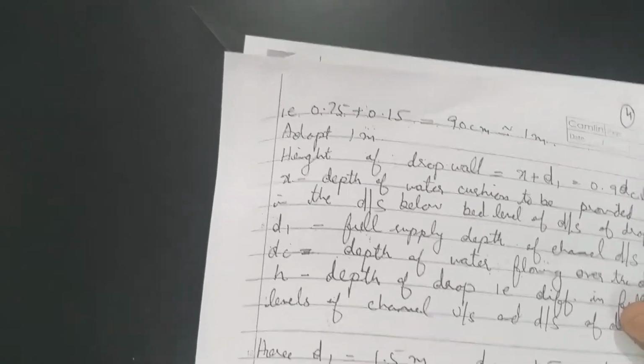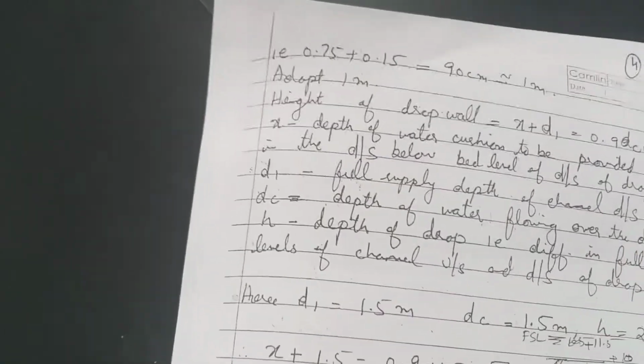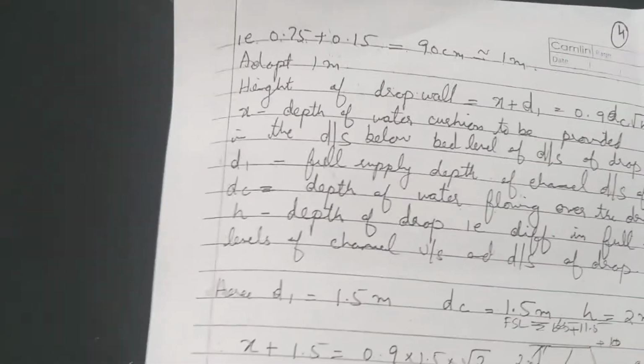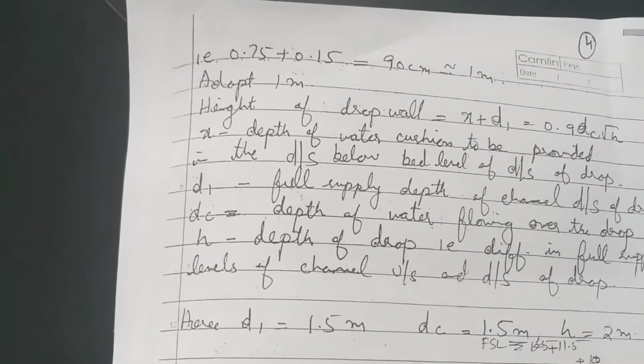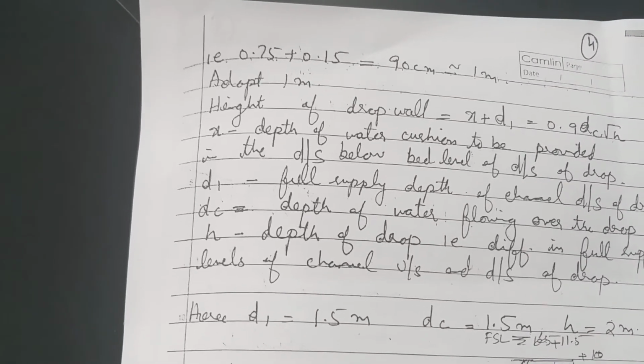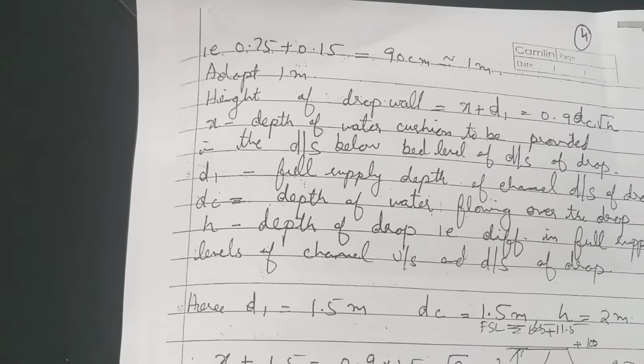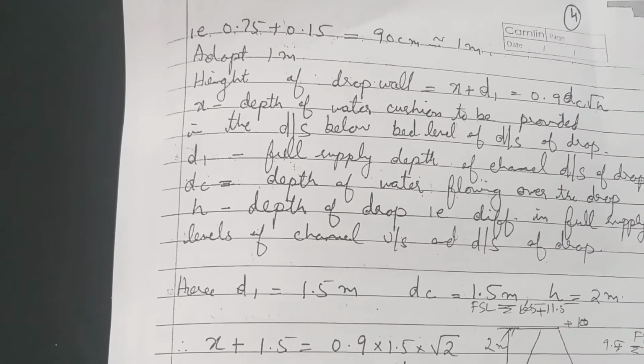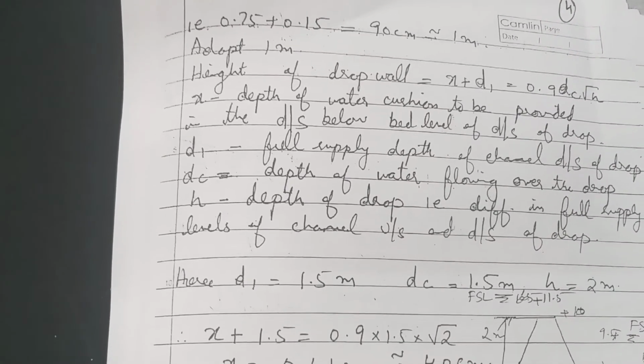Here 1.5 is the depth d, that is 0.75 plus 1.5, that is approximately equal to 90 centimeter, which is approximately equal to 1 meter. So adopt 1 meter as the thickness of the wall.